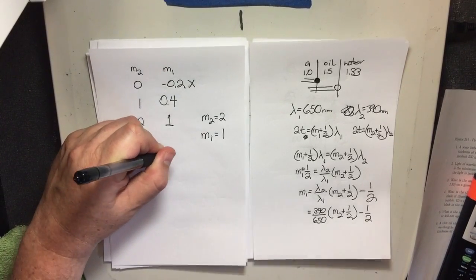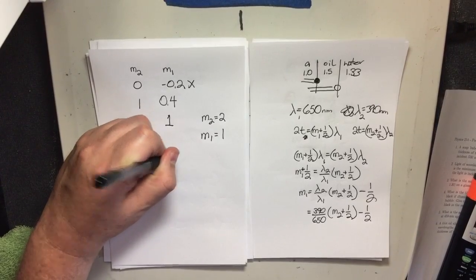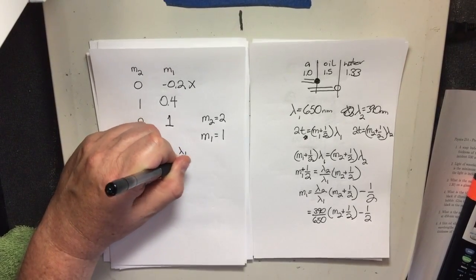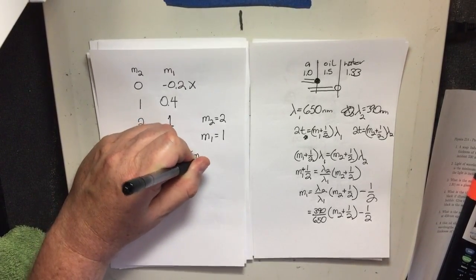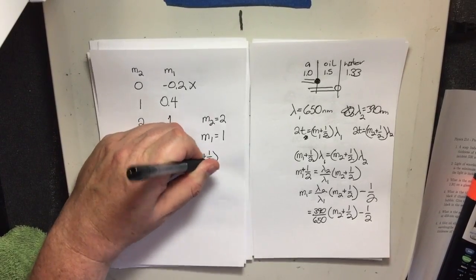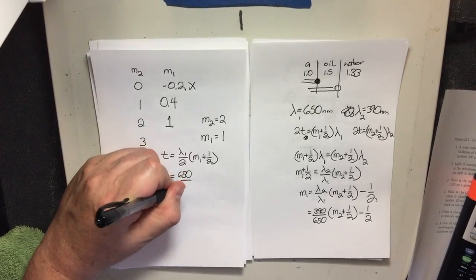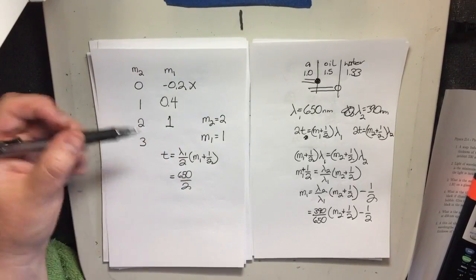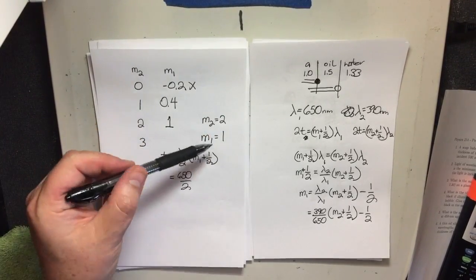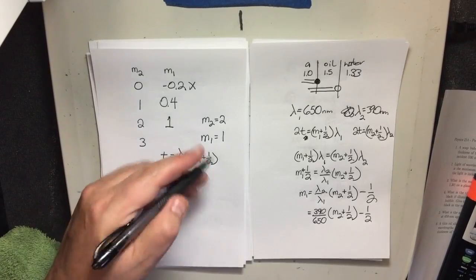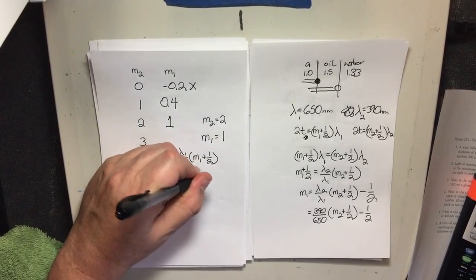So 2t, or t, is equal to lambda 1 over 2, times (M1 plus 1/2). Lambda 1 is 650. The M1 associated with 650, which is lambda 1, is 1, so it is 1 plus 1/2.